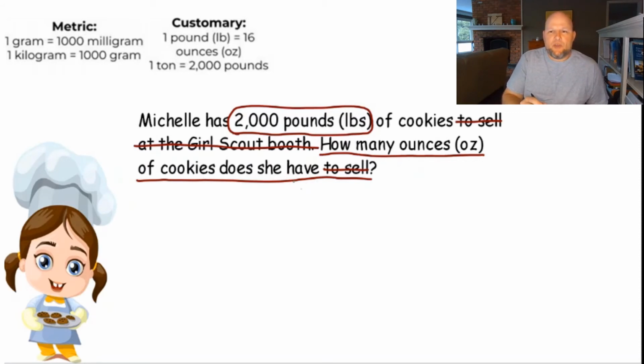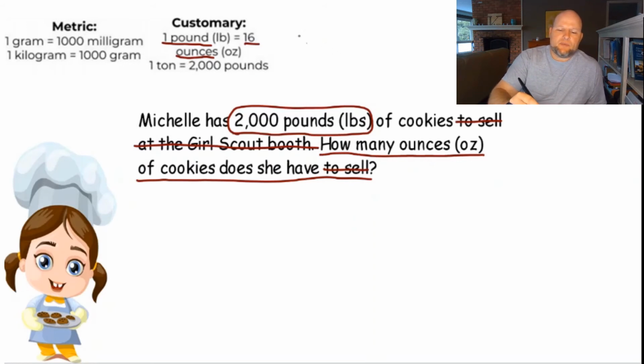Now let's evaluate. 2,000 pounds to ounces. Using the customary system is a little bit more difficult than the metric system, but it's still possible. If we look here, we have 1 pound to 16 ounces.